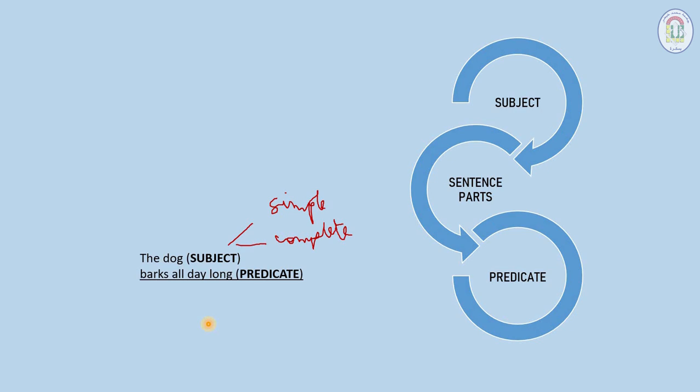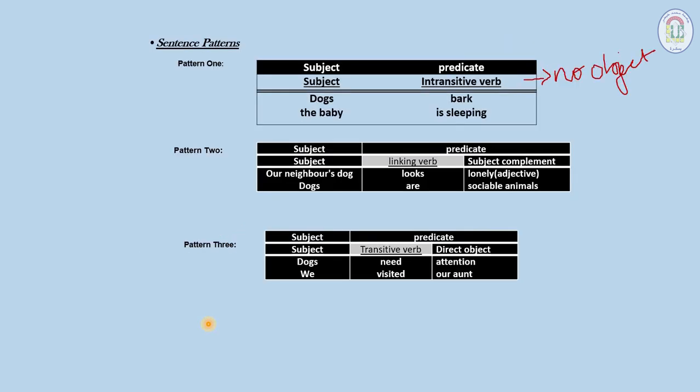We have also the sentence parts, subject and predicate, and the sentence patterns that we have seen. Now I hope that you have benefited from these lessons concerning English language grammar.